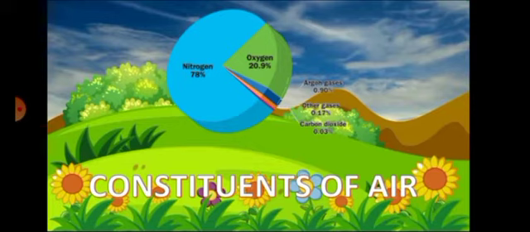Carbon dioxide, helium, ozone, argon, and hydrogen are found in lesser quantities. Apart from these gases, tiny dust particles are also present in the air. This pie chart gives you the percentage of different constituents of air.